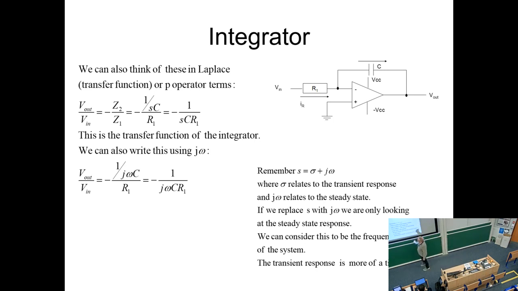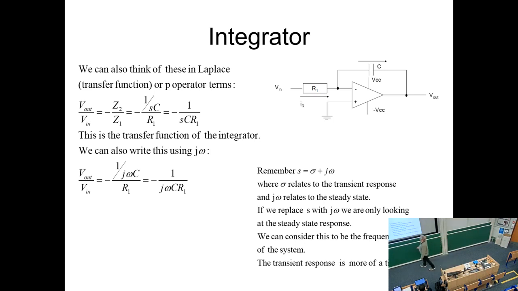And we can choose to replace S with J omega if we want. We can replace it with P, or we can replace it with the full S, the sigma plus J omega, if we're interested in what happens when we turn the thing on in the first place. So you could have gone straight to this, just using the J omegas. You could say the impedance of a capacitor is 1 over J omega C. This, I'm hoping, is well known.